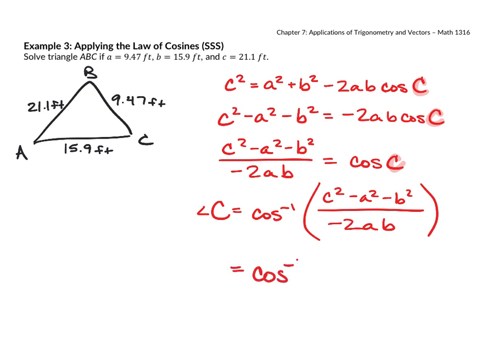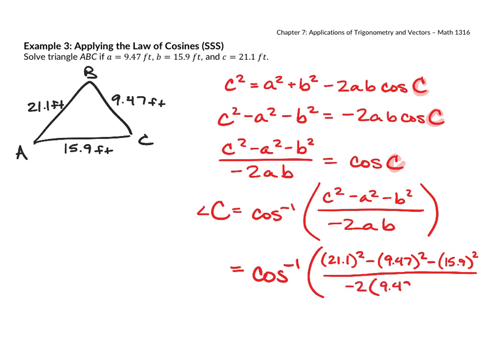That means what we're typing in our calculator is cosine inverse of C, which is 21.1 squared, minus A, which is 9.47 squared, minus B, which is 15.9 squared, all divided by negative 2 times A times B. So 9.47 times 15.9. Woo! But that's one calculation. We derive it with algebra, plug in our values, type one thing in a calculator. Way easier to not make mistakes with your numbers this way.